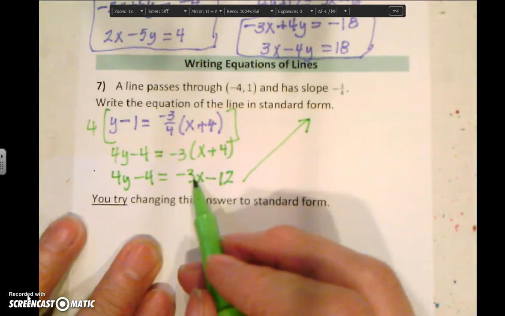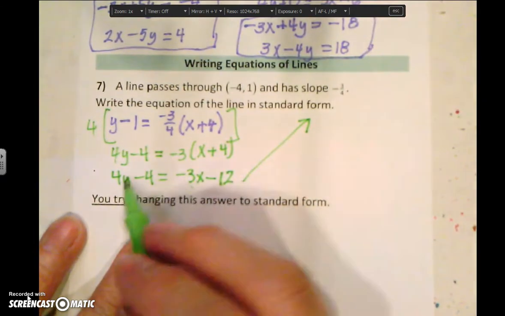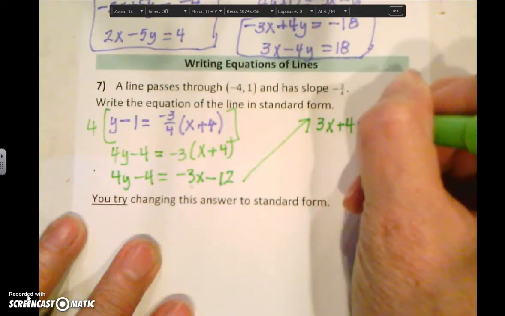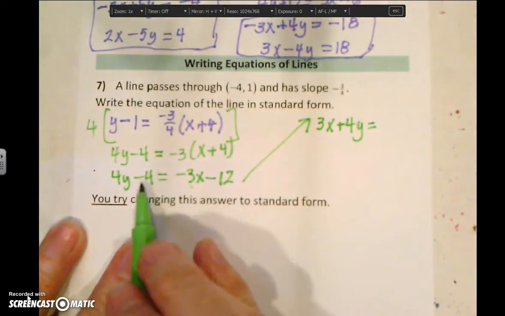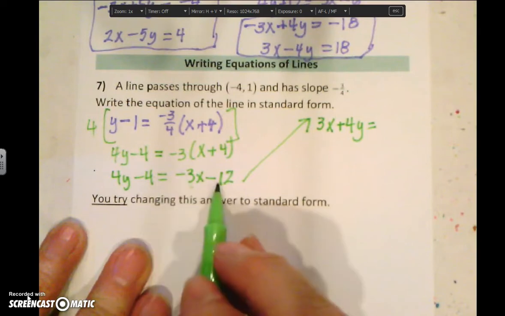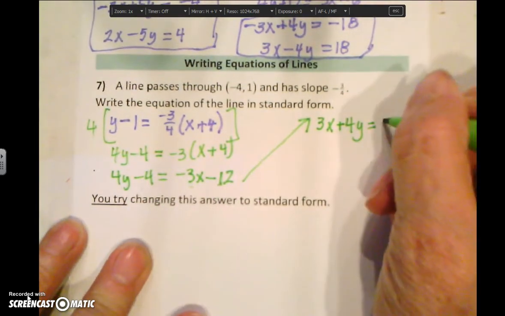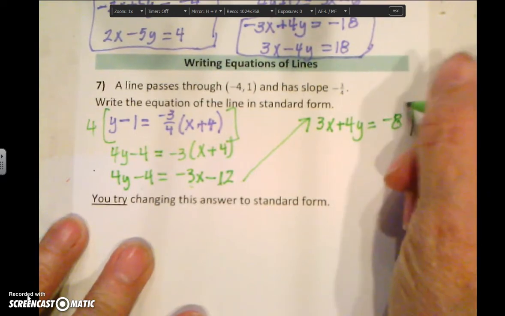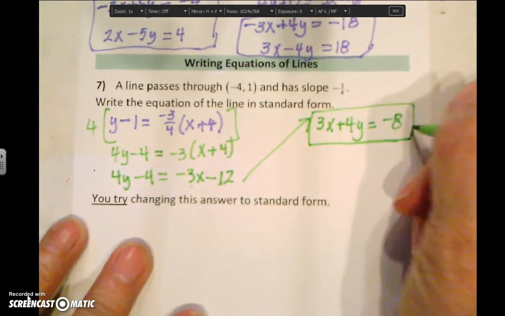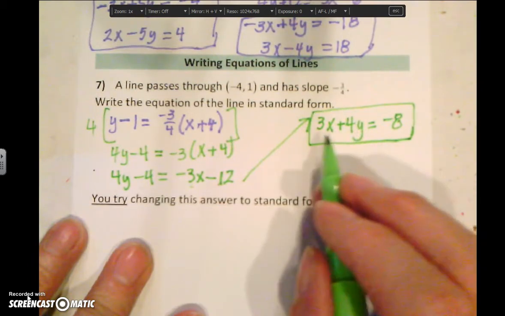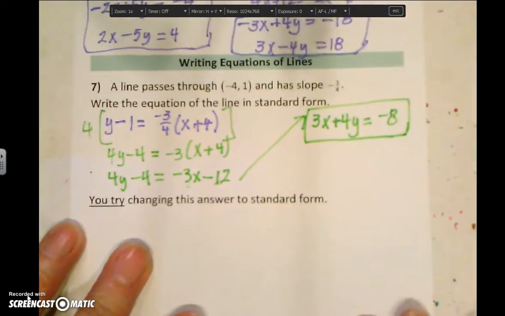I'm going to move my x to the other side, so I'm going to add 3x over, so that's going to be 3x plus 4y, and then I have minus 4, so I'm going to add 4 on the other side, so negative 12 plus 4 gives me negative 8. And I'm going to have both of these positive. I would not rewrite that with 2 negatives. So that would be my answer.